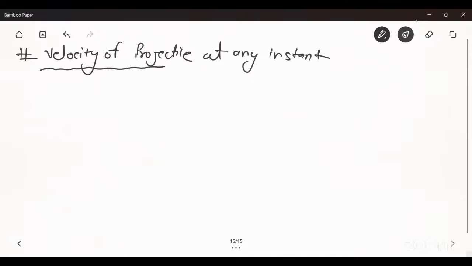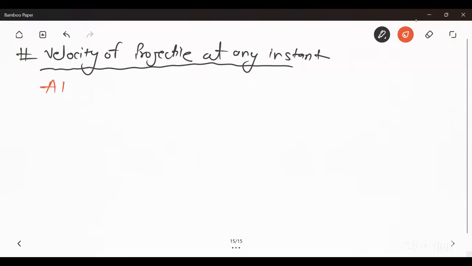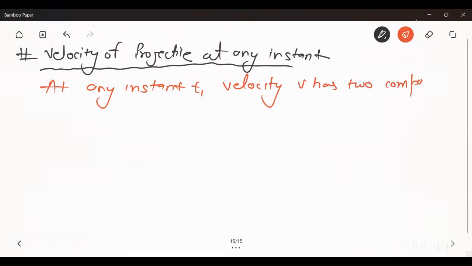So at any instant t, velocity v has two components. Horizontal component.